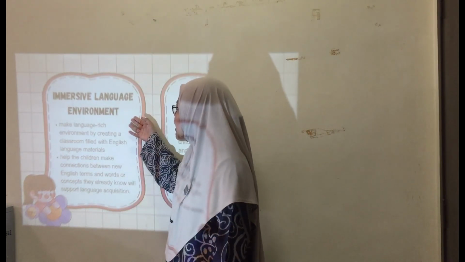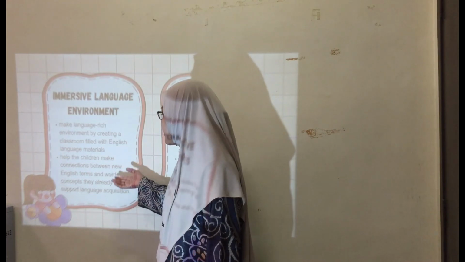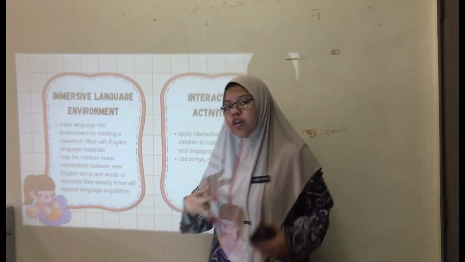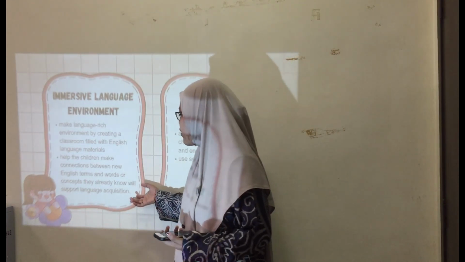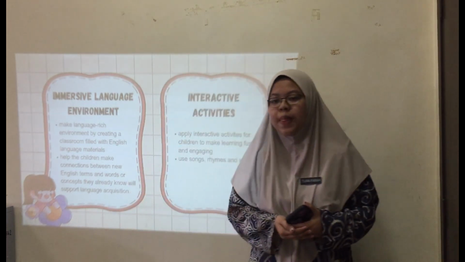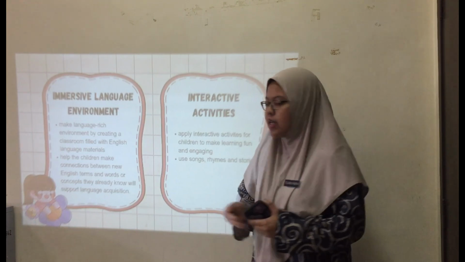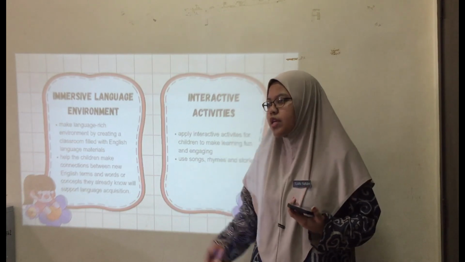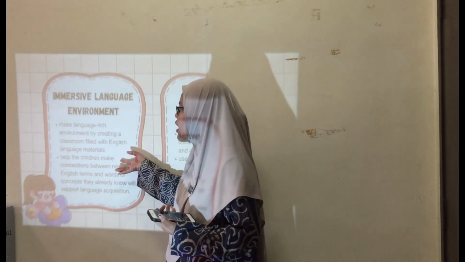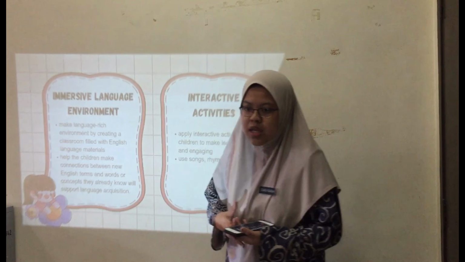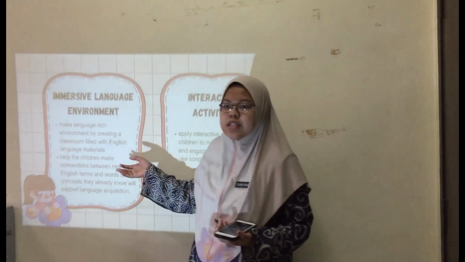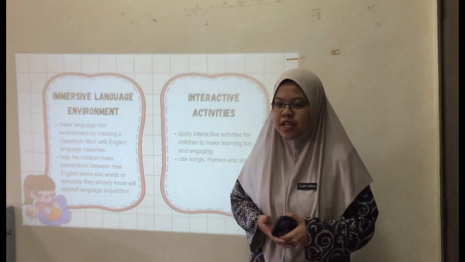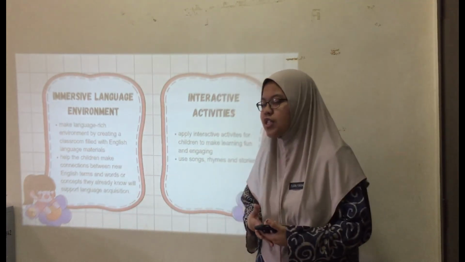A language environment can help the children make connections between new English terms and words or concepts they already know, which will support language acquisition. The children can learn the new language if the teacher applies it in the classroom. Okay, bilingual children have also been found to have a larger vocabulary and better grammar than monolingual children.